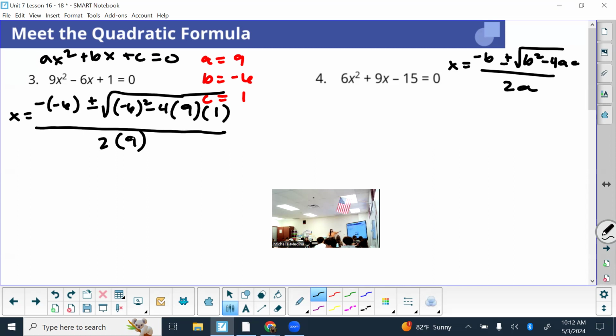I know some of this you could probably simplify as we go, I wouldn't recommend that. And then you probably do 2 times 9 and write 18. I would just plug it all in first, double check that you plugged in things the right way, then start simplifying. So any questions on that stuff? Okay, also, where did this 4 and this 2 come from?